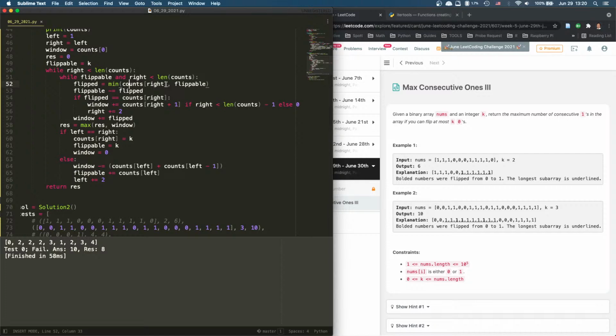Position is 3, right? We already have one here. How do we know how many we have there already? We know how many we have by, I don't want to change the value.